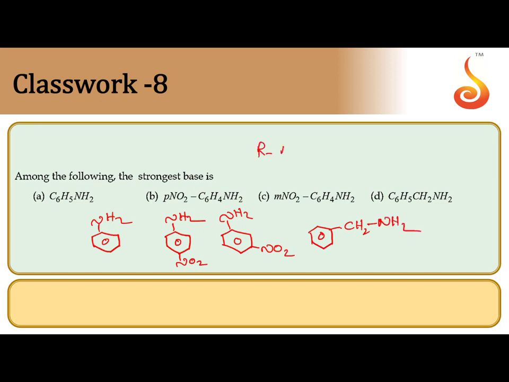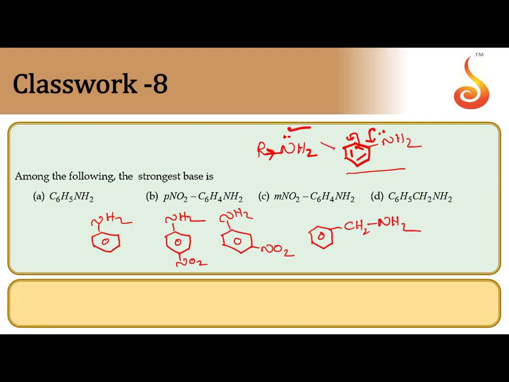Aliphatic amines are more basic when compared with aromatic amines. The reason: the lone pair of the nitrogen is involved in conjugation with the pi bonds of the benzene ring, so availability of the lone pair in aniline is less. Whereas in aliphatic amines, the lone pair is not involved in conjugation, and moreover the alkyl group is an electron donating group, so electron density is more in aliphatic amines.